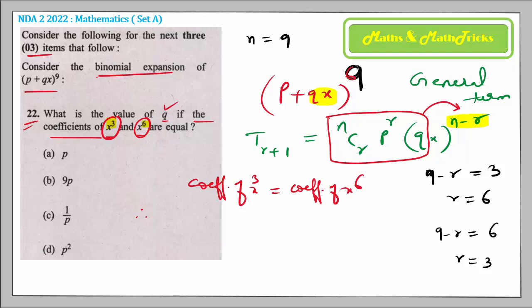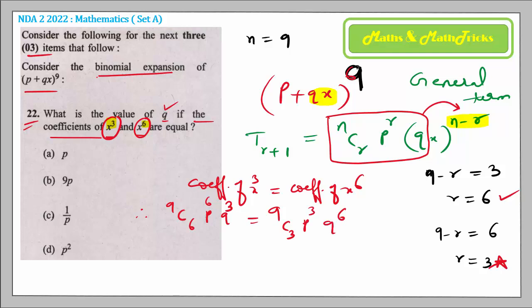On the next line, the coefficient of x cube will be 9C6, since r is 6 for x cube, p to the power 6, q to the power 3, because when r is 6, n minus r, 9 minus 6, will be 3. Similarly, for the coefficient of x to the power 6, r is equal to 3, so we have 9C3, p to the power 3, q to the power 6.